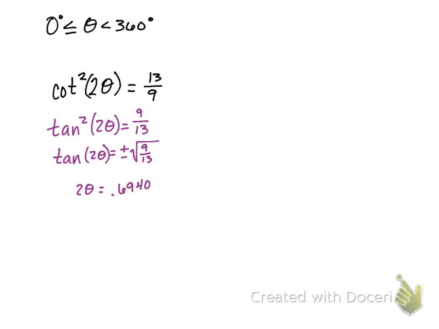Okay. Now, where is tangent positive and negative? Well, all our quadrants, that's great. So we are going to end up with 8 different answers for this, so sit tight as we go through these. It's not too bad, okay? So we have our 0.6940.